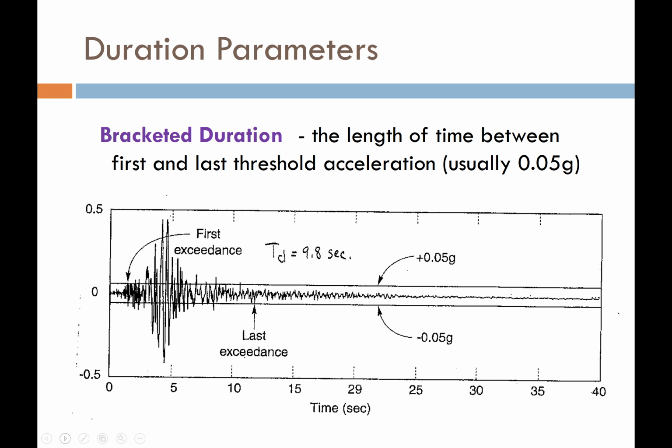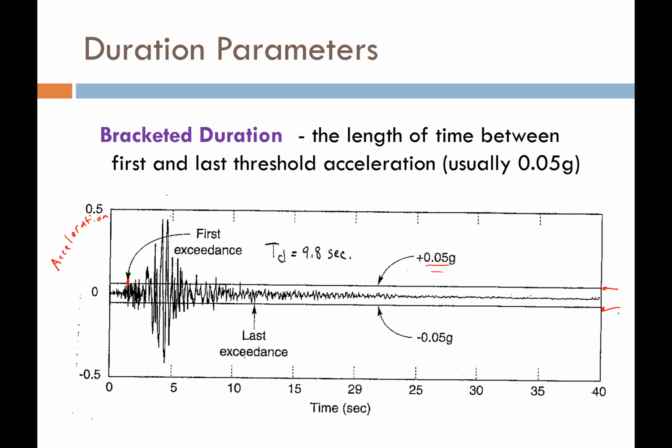So for instance, let's say that I have a triggering acceleration of 0.05 g. And here's this time history. So this is acceleration on this axis. Okay, so I'm going to draw my brackets here of positive 0.05 and negative 0.05. Then I'm going to look at the instance that the time history first exceeds that bracket, crosses that threshold.